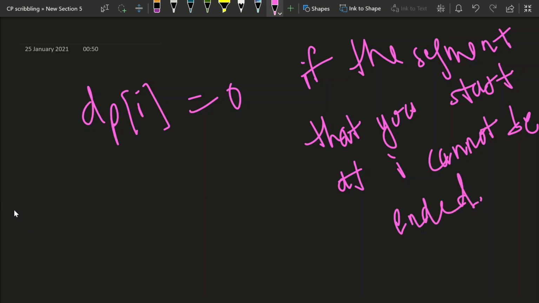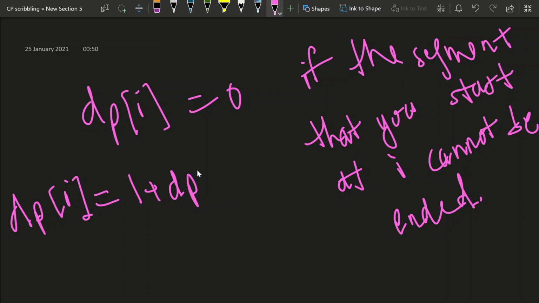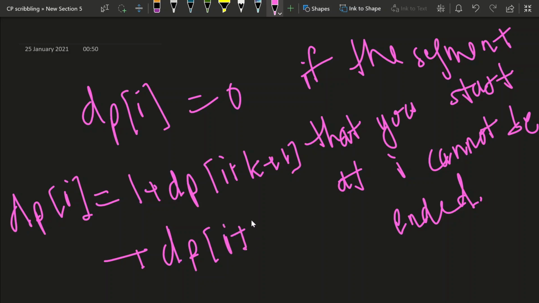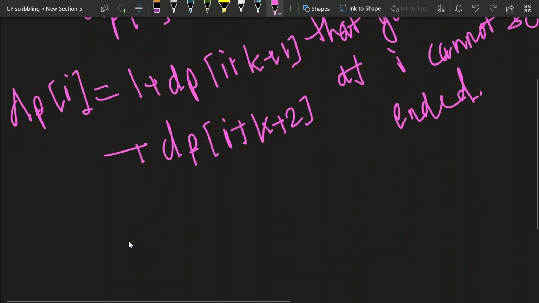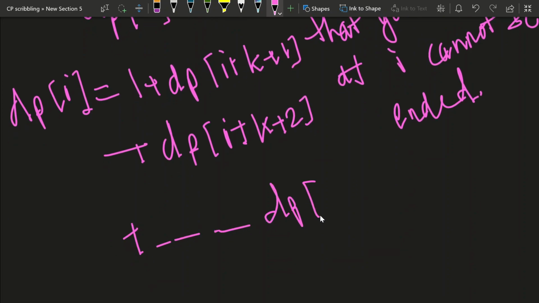And another case is dp of i equals 1 plus dp of i plus k plus 1, plus dp of i plus k plus 2, and so on up to dp of n minus 1.